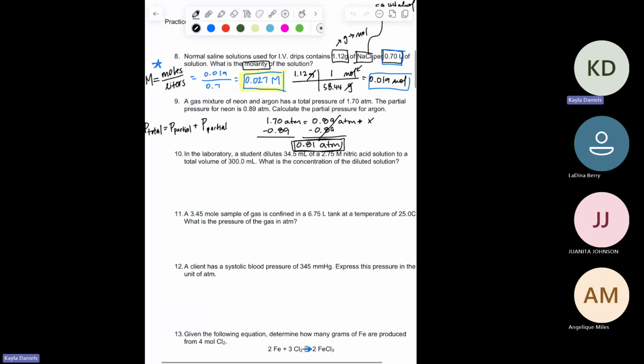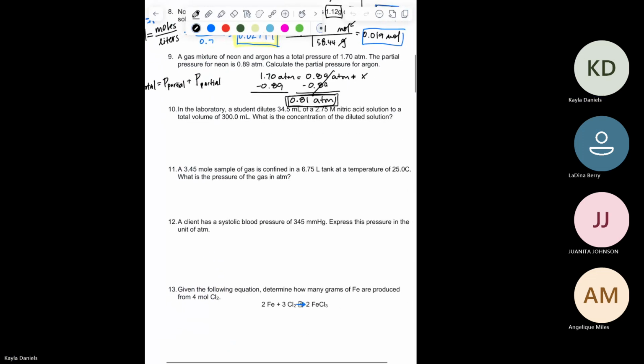All right, number 10. In the laboratory, a student dilutes 34.5 milliliters of a 2.75 nitric acid solution to a total volume of 300. What is the concentration of the diluted solution? So we're using the word diluted, so you want to use the dilution equation. All right.